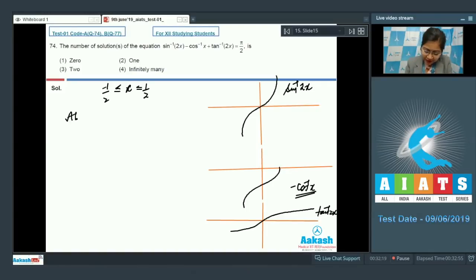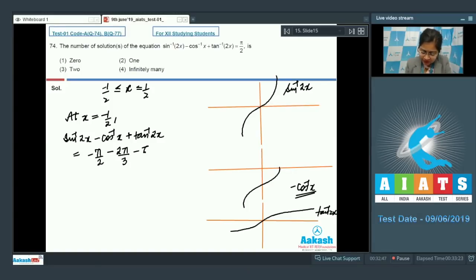At x equal to minus half, the value of sin inverse 2x minus cos inverse x plus tan inverse 2x will be equal to sin inverse minus 1, that is minus pi by 2, minus 2 pi by 3 minus pi by 4. So this will be equal to minus 17 pi divided by 12.